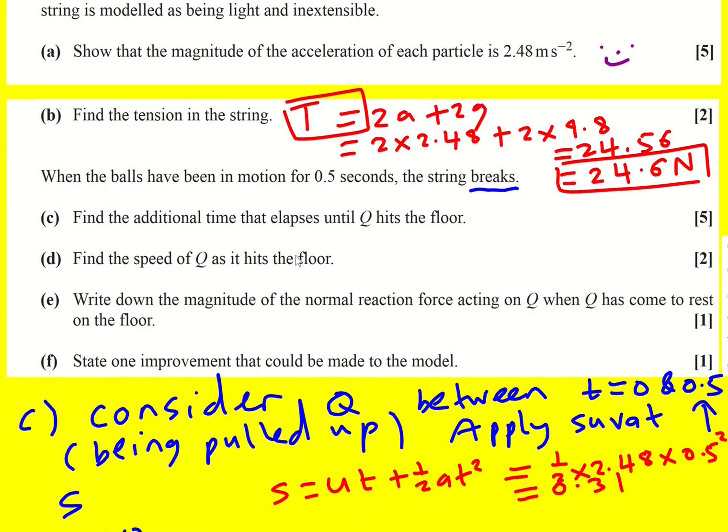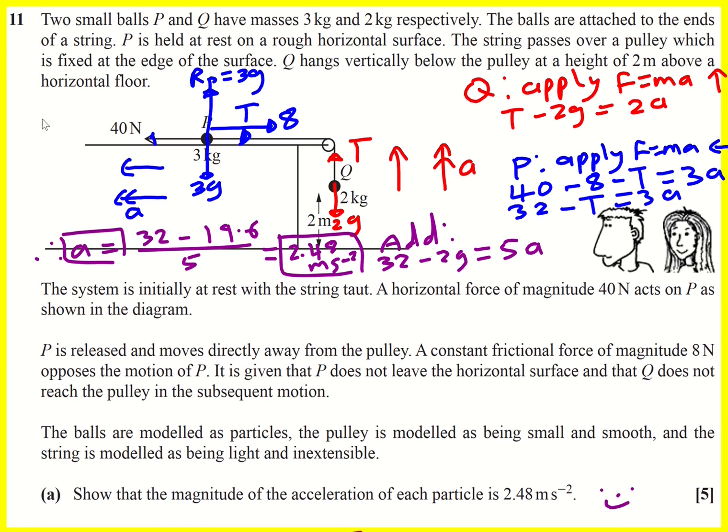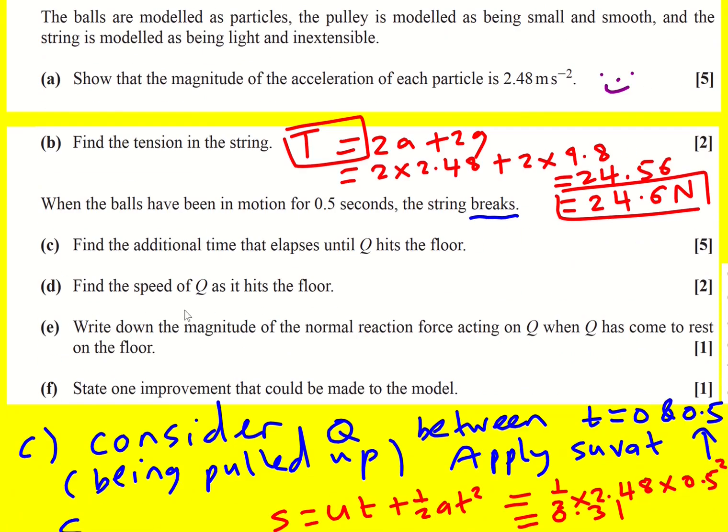Okay, E. Write down the magnitude of the normal reaction force acting on Q when Q has come to rest on the floor. Well, actually, it's going to be exactly the same as it was right at the start of the problem. I even wrote it down. So it's going to be the same as the weight. And it's only 1 mark, so I don't think we need to write much.